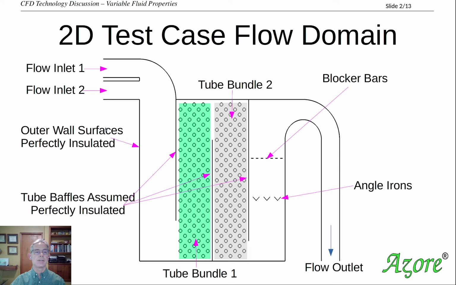We're also going to assume that there's no heat transfer going to the exterior world in this model. So it really makes this into a mixing and heating problem, where mixing of these two fluid streams, and then the heat transfer that might take place within each of these tube bundles.